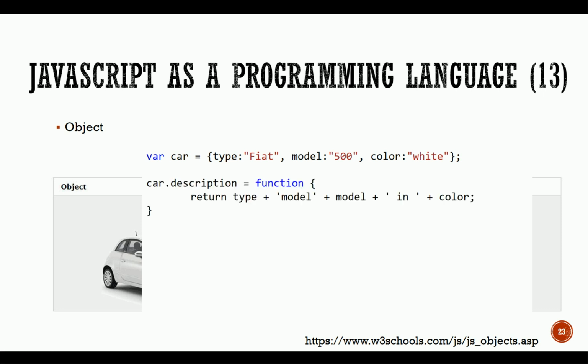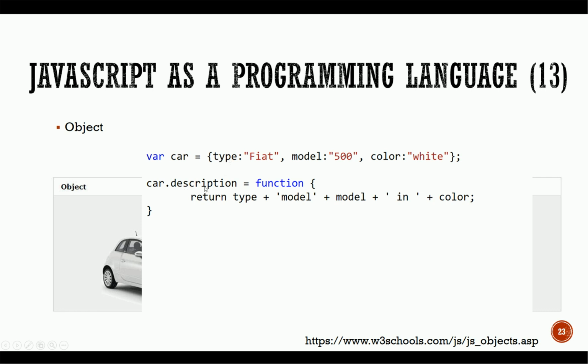So first, you see the way we declare an object. We put it in curly brackets, and first we tell about the characteristics or features of the object, and then after the colon we give the value of that feature.